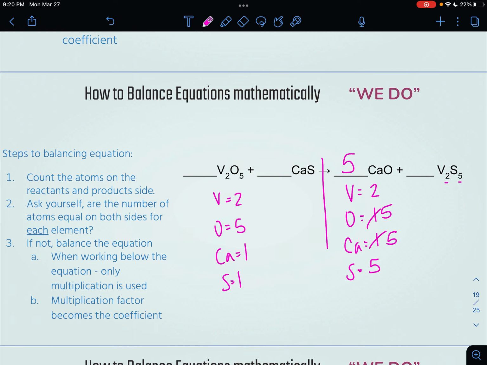Now I have calcium. I was okay, now I'm not. I have 1 on the left, so in order to make that equal 5, I'll put a 5 in front. And that also changes sulfur, but that actually fixed it, because now we have 5 and 5 sulfurs on both sides. So this one is all done.